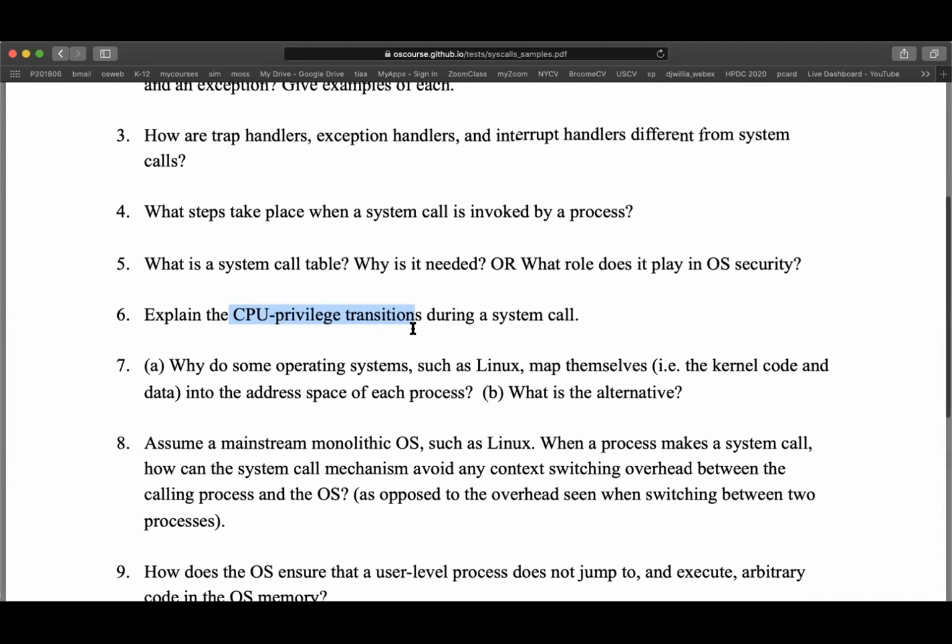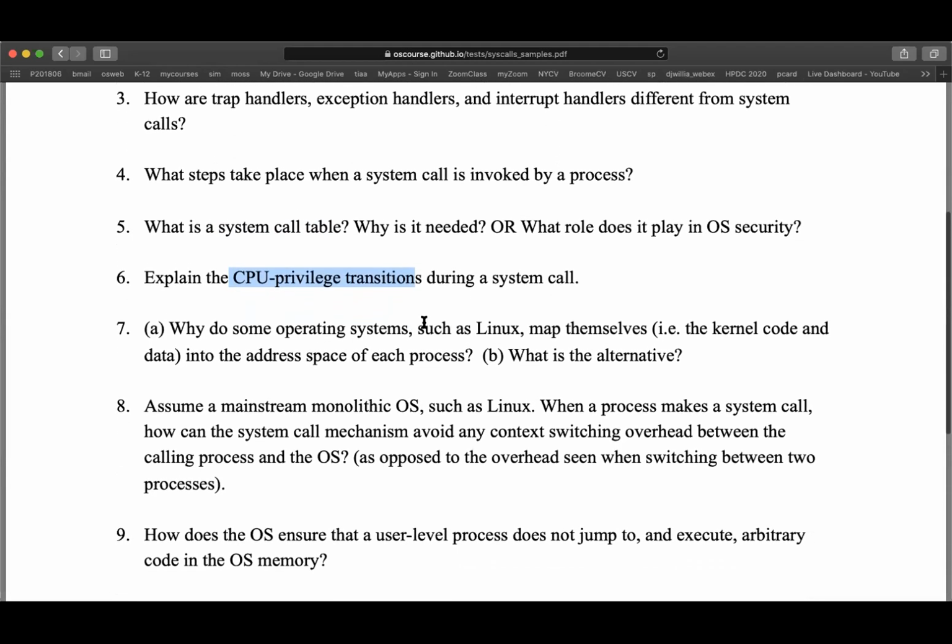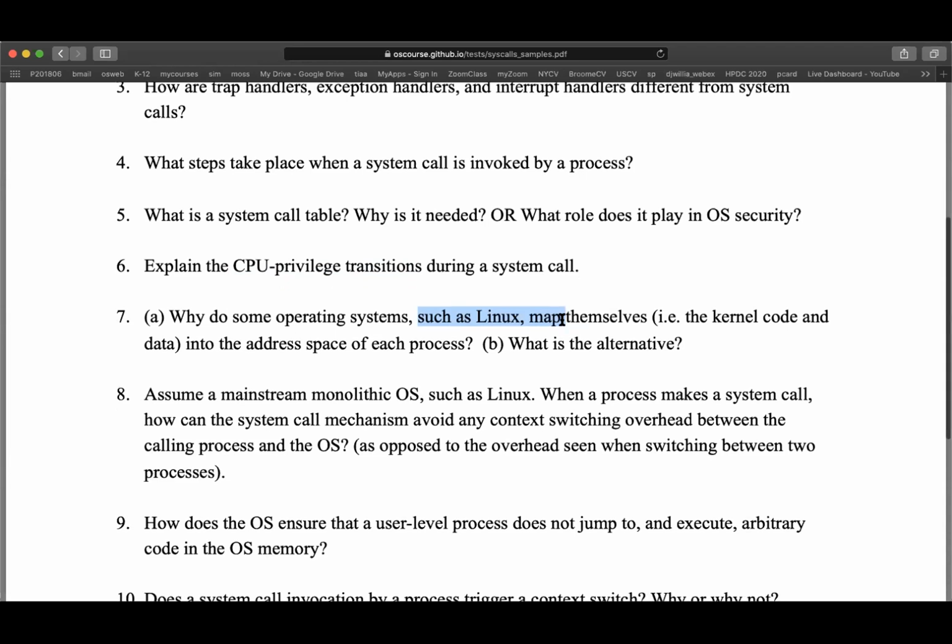We just talked about this in the earlier class on segmentation, as well as maybe earlier in the course. Some operating systems would map themselves into the address space of each process to make the system calls faster, so that you don't have to do a context switch. But there's also a security implication of that. Certain side channel attacks can exploit this mapping mechanism to compromise the kernel.